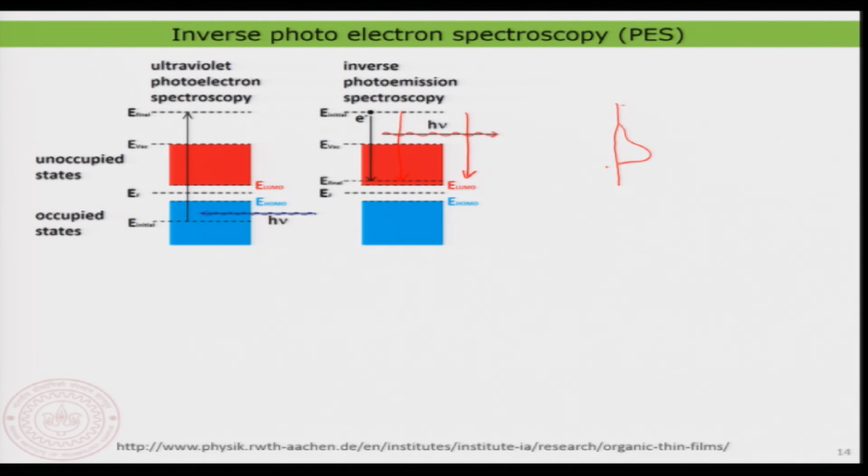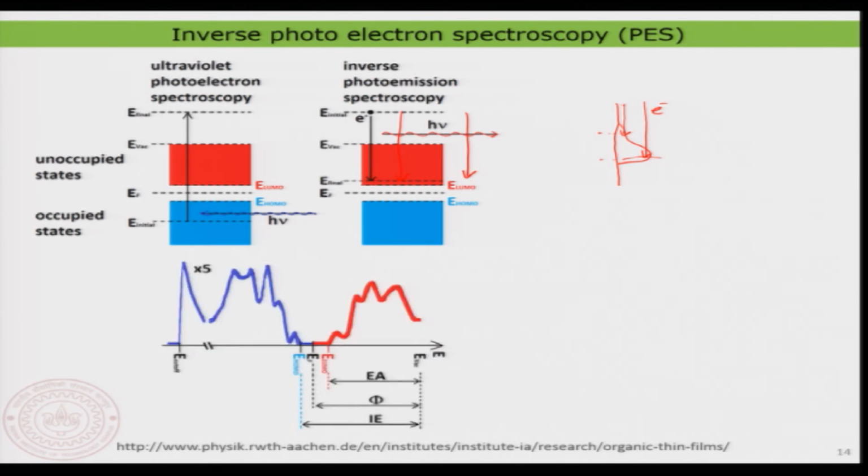When I am injecting an electron into this particular energy, you see clearly that the density is lower, and if you are injecting an electron into this particular energy, you clearly see that the density is higher. So, the amount of photons emitted by the material will also depend on the density of states to which the electrons are injected. Therefore, you can see the valence band and the conduction band if you combine both ultraviolet photoelectron spectroscopy and inverse photoelectron spectroscopy together.